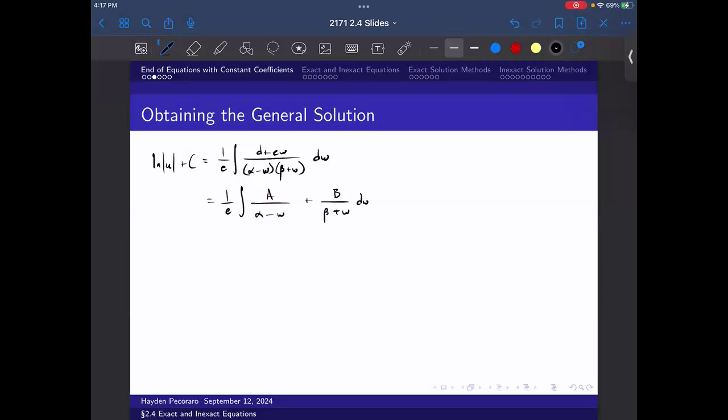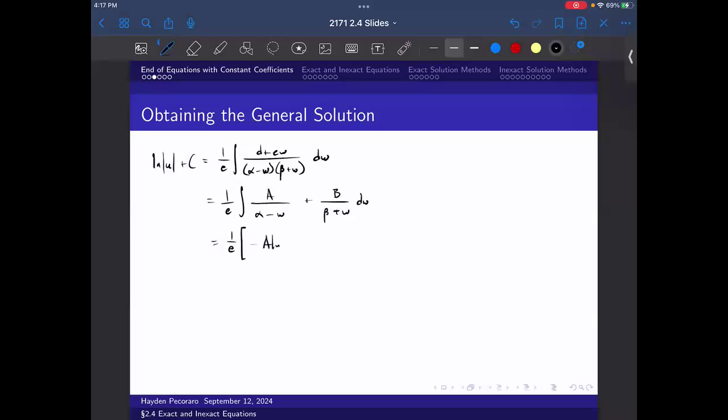We'll leave it like that. That's fine. Okay, so we have 1 over e here. And now, if we integrate this, here, you want to do a substitution if you need to. Say t equals alpha minus w, but I'll just write down what we get.